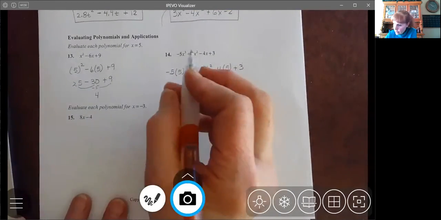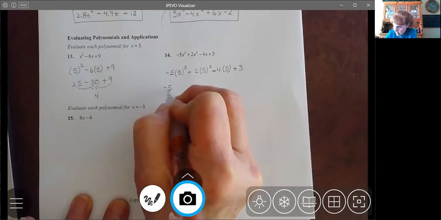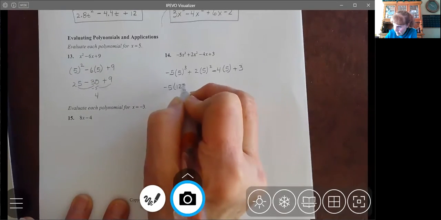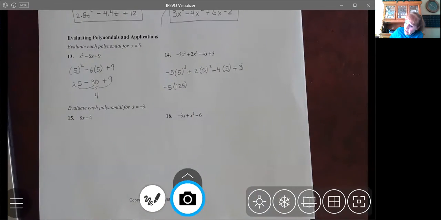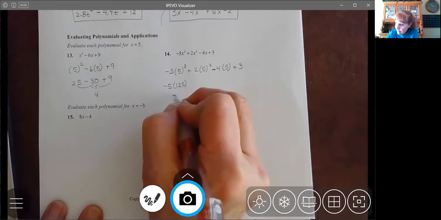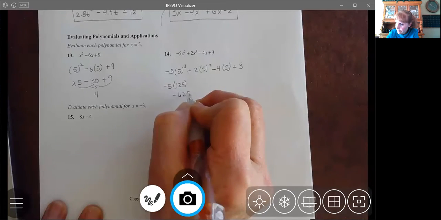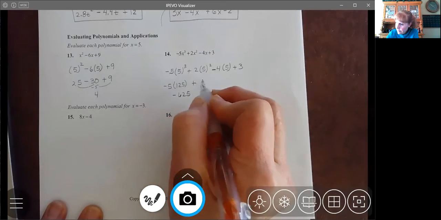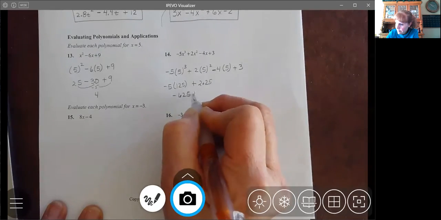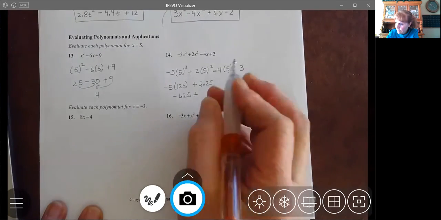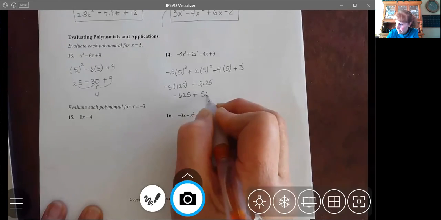Okay, in doing this, 5 cubed is 125. 125 times 5 is what, 625? Yeah, -625 plus 2 times 25. 2 times 25 is 50.